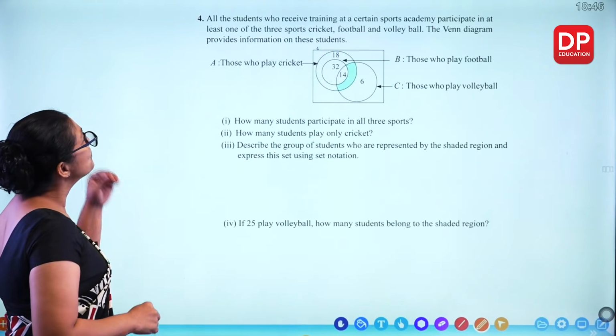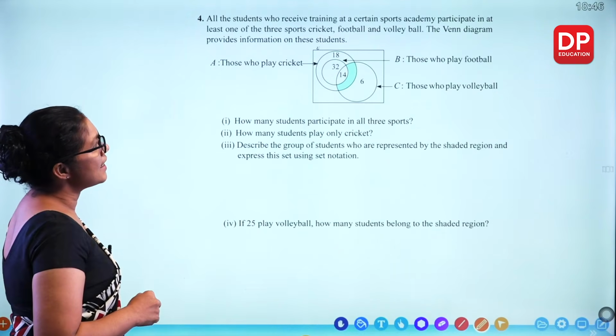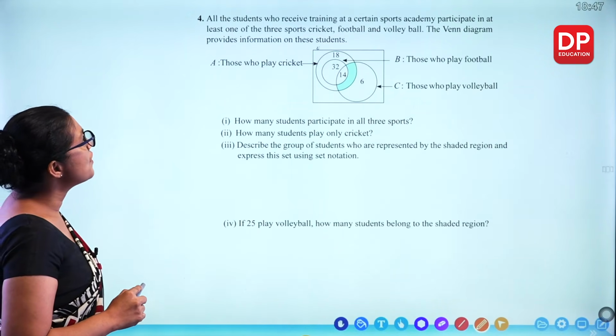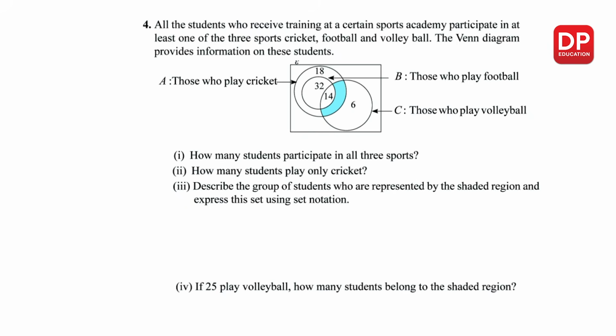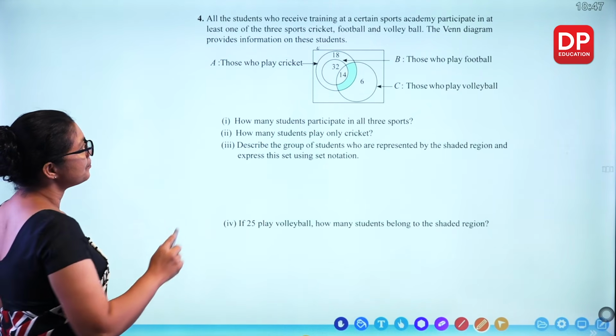Question number 4. All the students who receive training at a certain sports academy participate in at least one of the 3 sports: cricket, football and volleyball. The Venn diagram provides information on these students. A is those who play cricket.